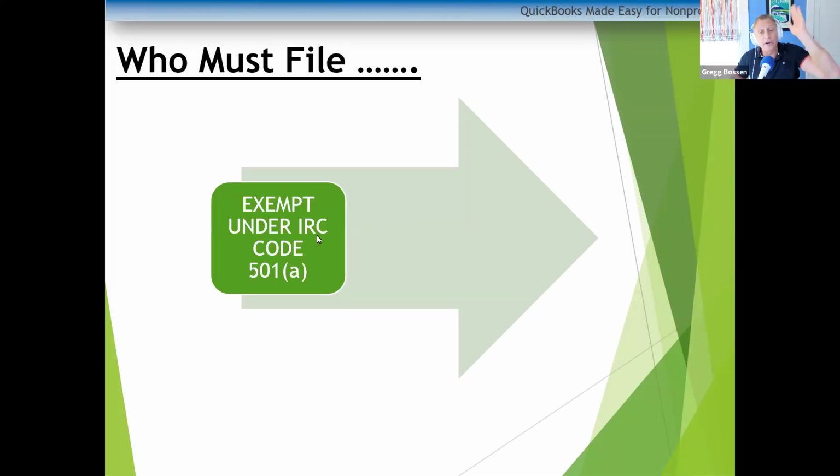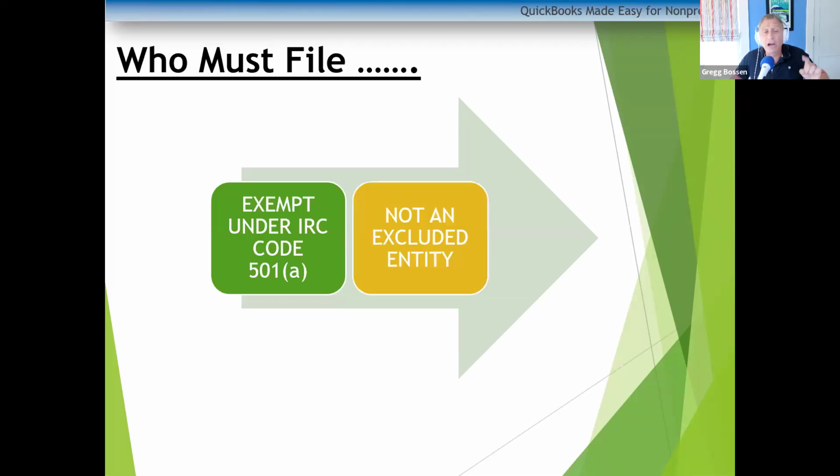And the people that are exempt from paying taxes, they want you to file an information return, a 990 of some sort. Now, there are some organizations that are under 501(a) so that they're tax exempt, but they are also excluded from having to file the information return.